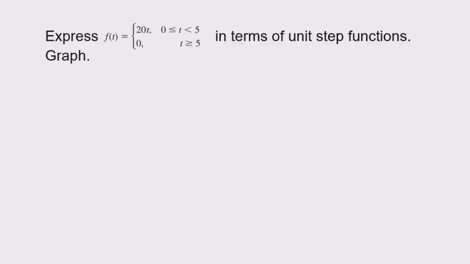So what would that look like? All right, so f of t, again, just following that pattern, would be 20t minus 20t times the unit step function of t minus 5. And then what would a graph of something like this look like?